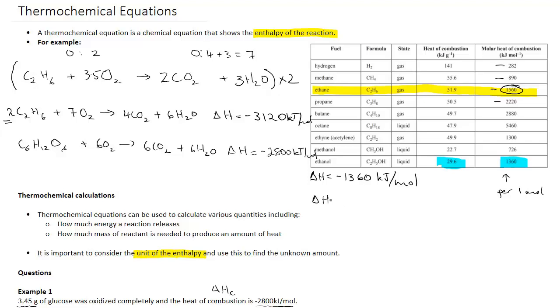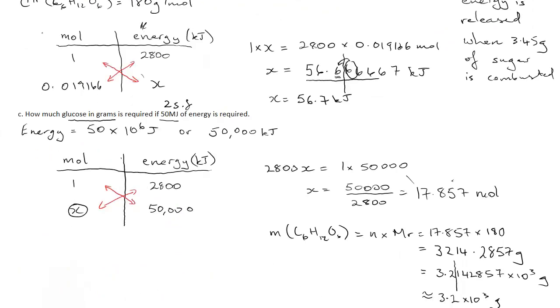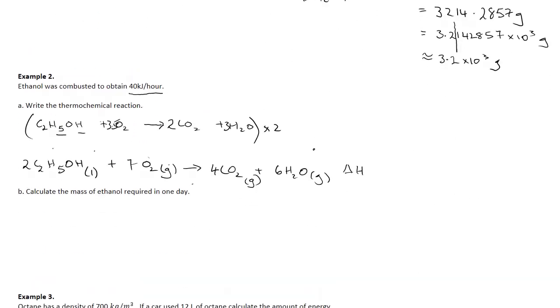So we need to take delta H and times it by 2. So that would be negative 2,720 kilojoules per mole. That's the value we have to write here.